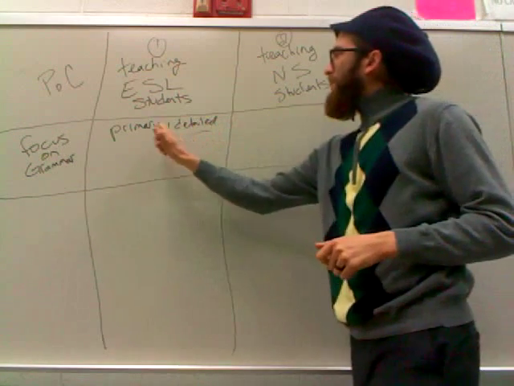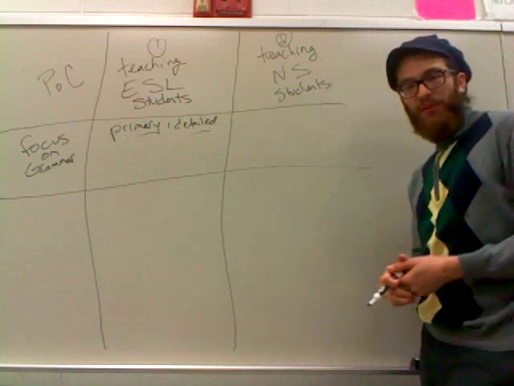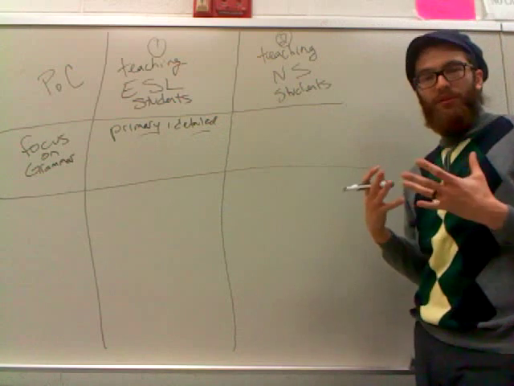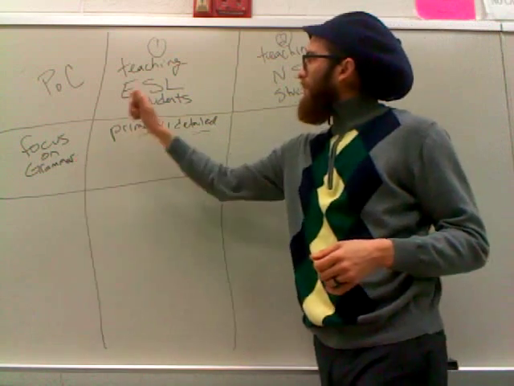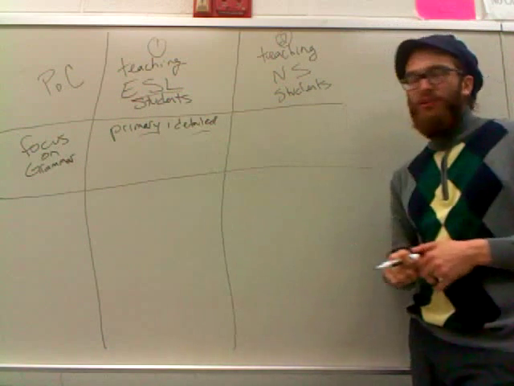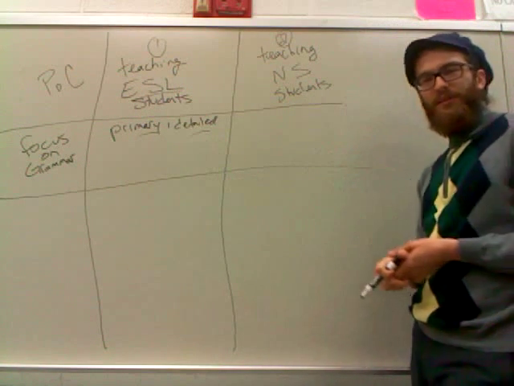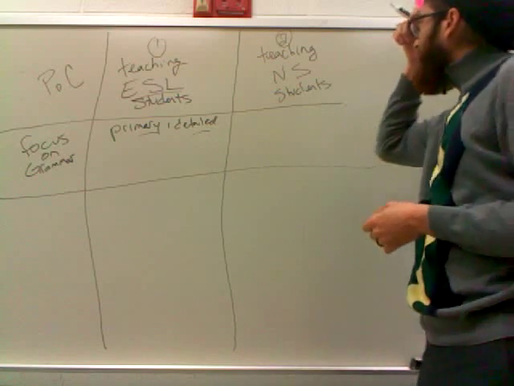So these are two fairly good starting points. These two could be two supporting details of focus on grammar for English as a second language students. Maybe some more ideas will come to mind as we continue.